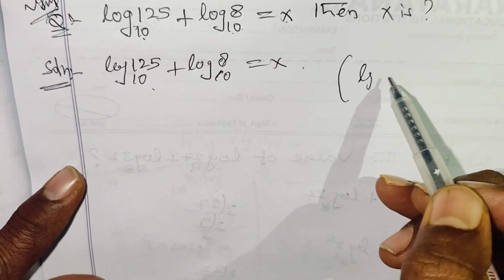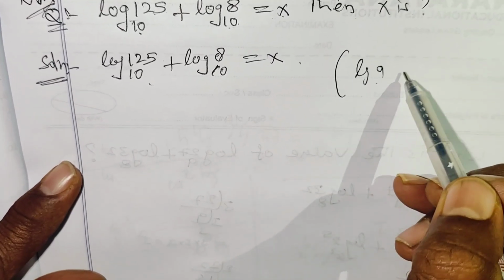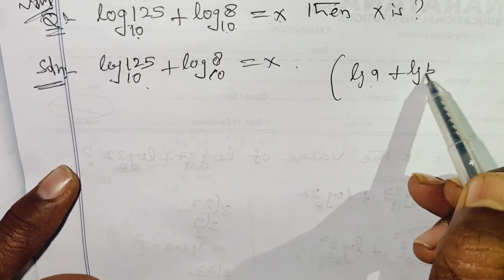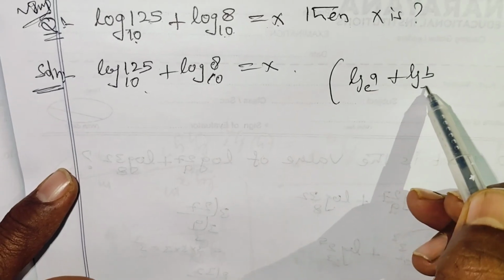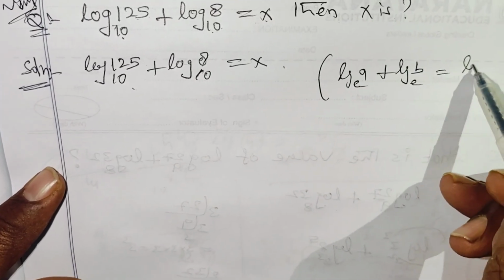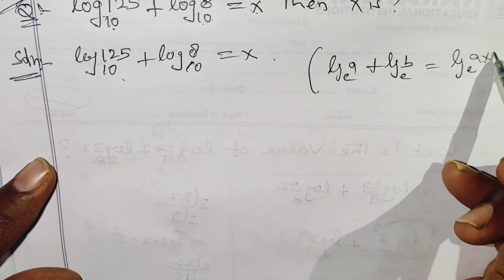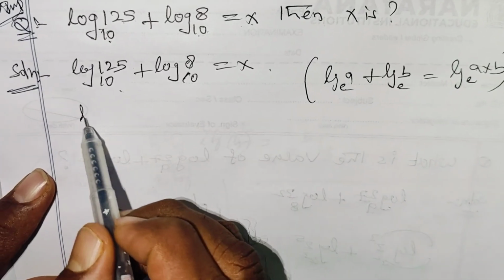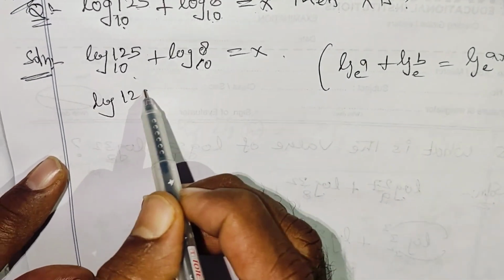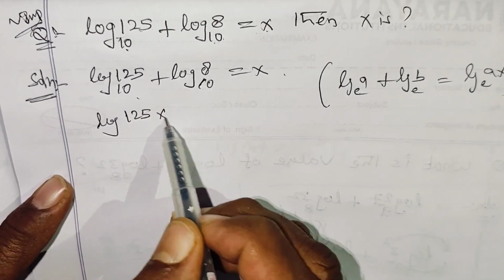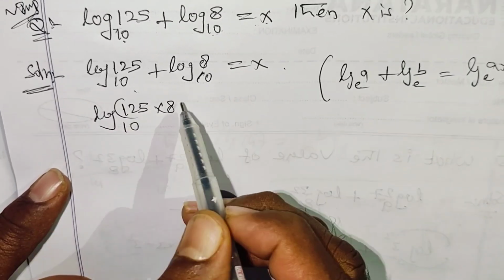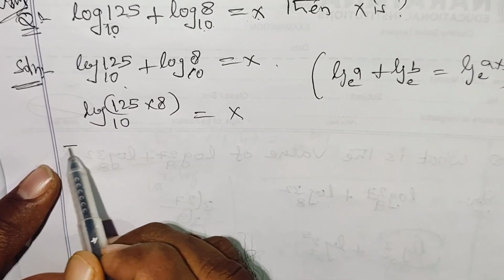Log A plus log B, base anything, that is equal to log A into B base that. Similarly, log 125 into 8 base 10, that is equal to x.